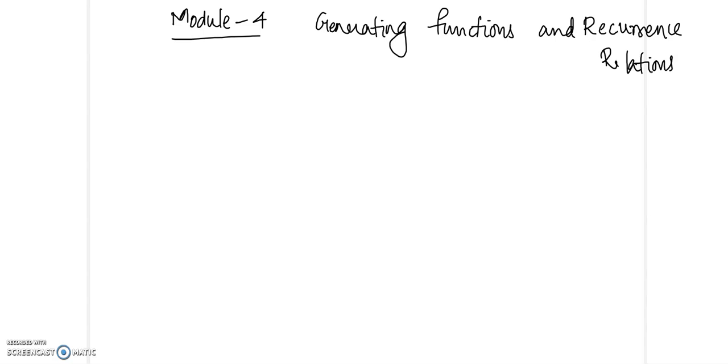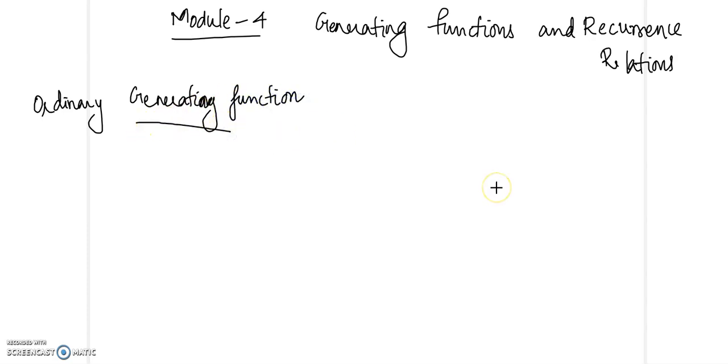So in today's class, we'll begin with generating functions. So first we are going to look at what is called an ordinary generating function. So consider a sequence of numbers.